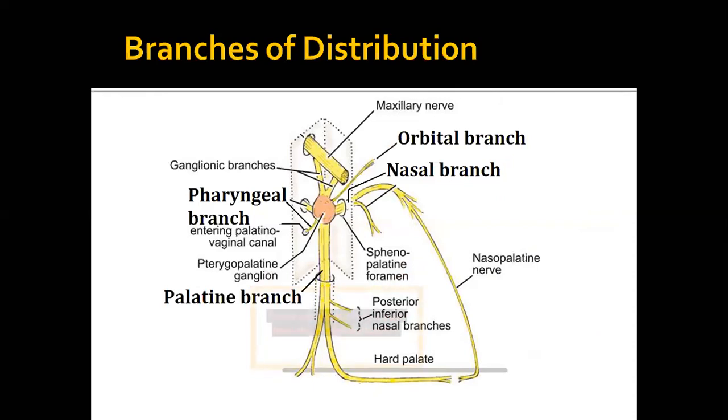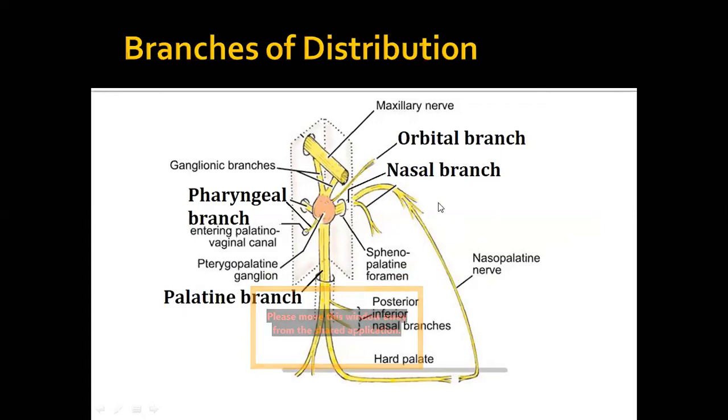Mainly there are 4 branches, and one more additional branch, the 5th branch, also there. The 4 branches are the orbital branch, nasal branch, pharyngeal branch, and palatine branch. Then one more branch through the maxillary nerve gives a branch to the lacrimal gland, that is the lacrimal branch.